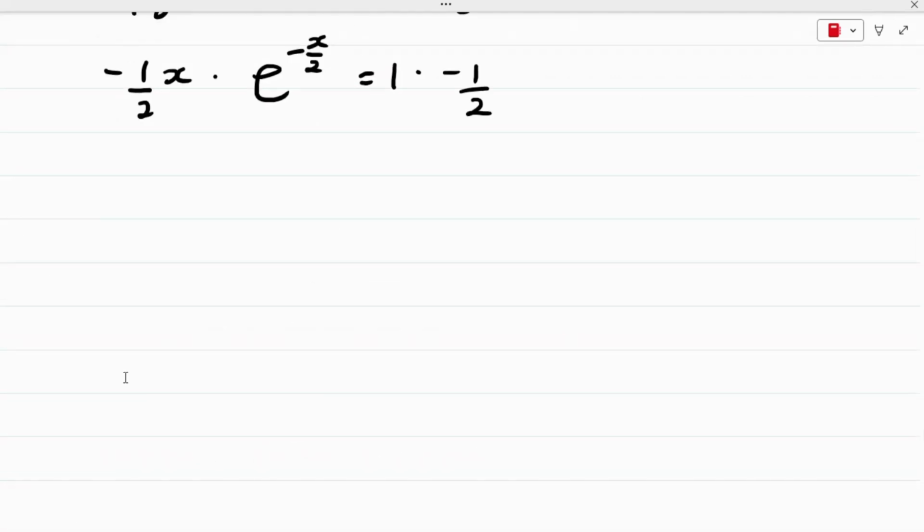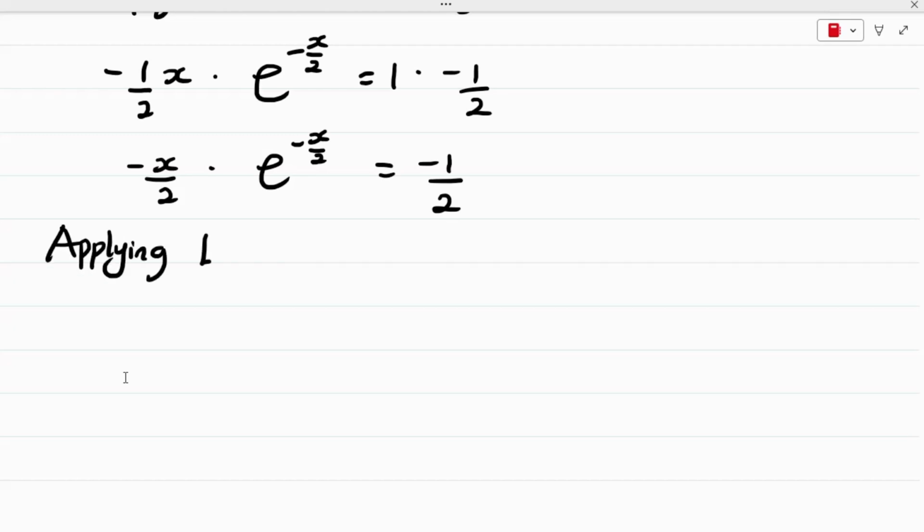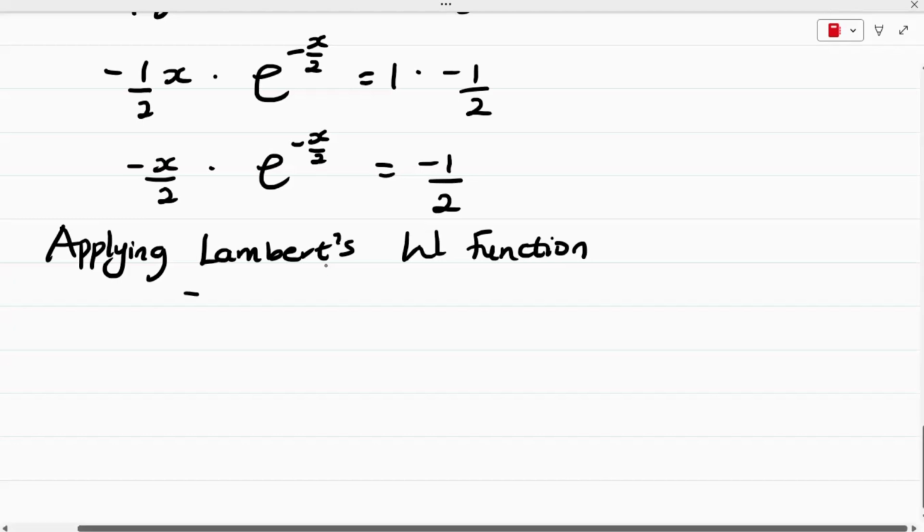So multiplying this, we have negative x over 2 multiplied by e raised to the power of negative x over 2 is equal to negative 1 over 2. Applying Lambert's W function, we have minus x over 2 is equal to W of negative 1 over 2.